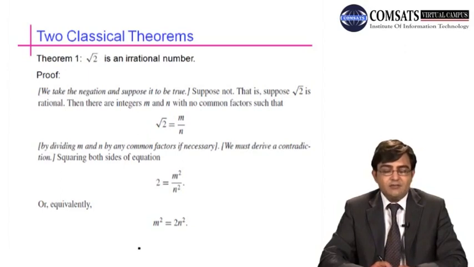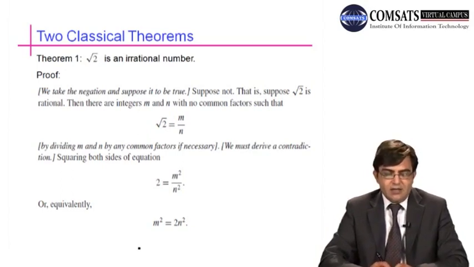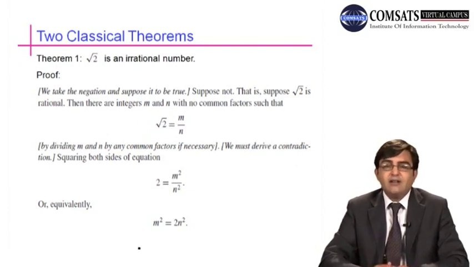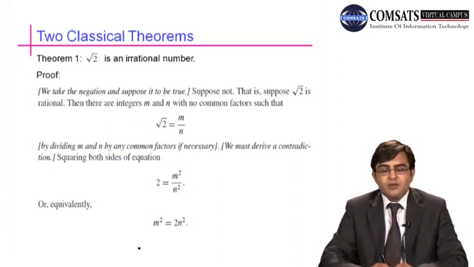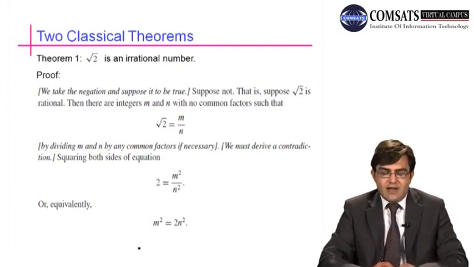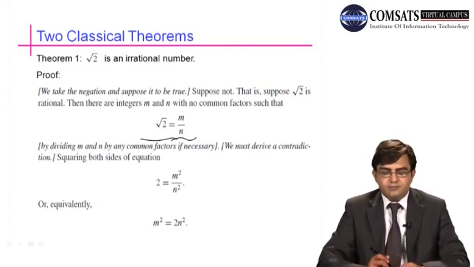As usual, by the method of contradiction, we suppose that square root of 2 is not an irrational number. If a number is not irrational, then it must be rational. We already know this. So we suppose that under root 2 is rational. If under root 2 is rational, then we can write under root 2 as the quotient of two integers m and n, as we have written here.